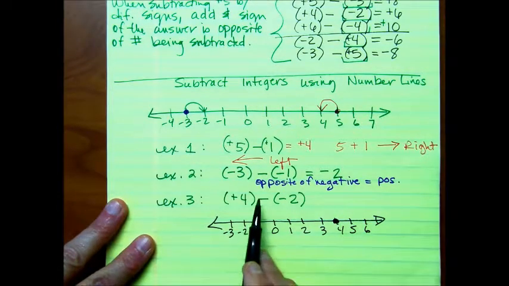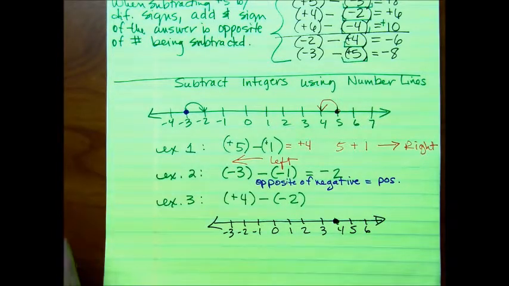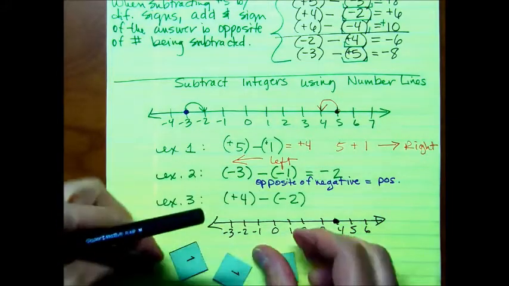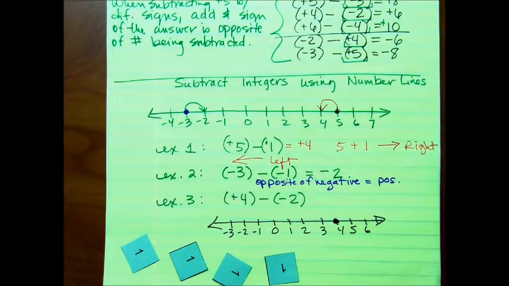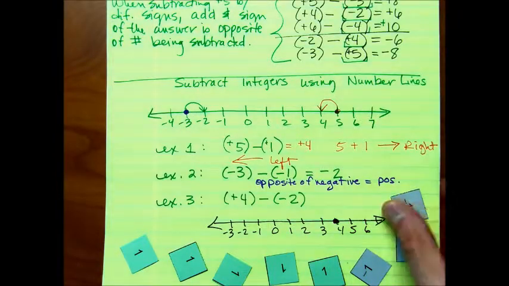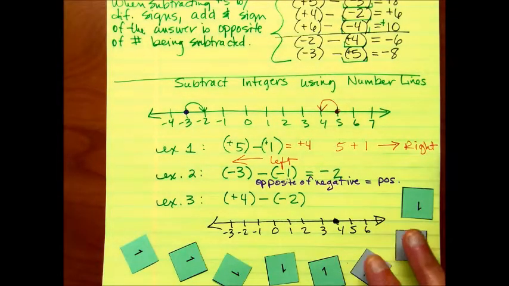So this is kind of similar to that last problem where we're subtracting a negative. And if I have my 4 tiles, I can't really take away 2 negatives because I don't have any negatives. So in this case, we added two 0 pairs. And by doing that, we added into the mix some negative numbers that we could take away.